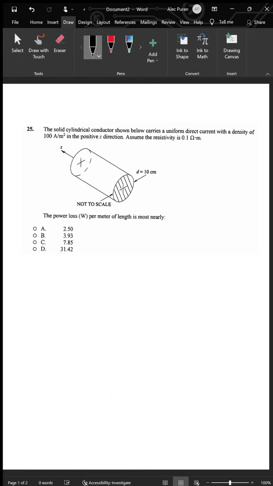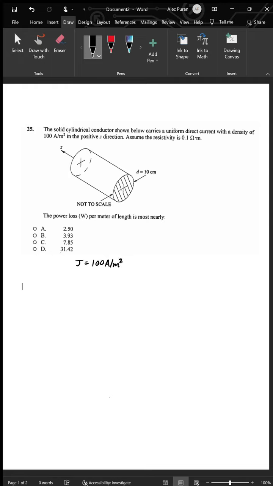So to solve this problem, we have to state our givens. We're given a current density of 100 amps per meter squared, so we denote the current density as J equals 100 amps per meter squared.